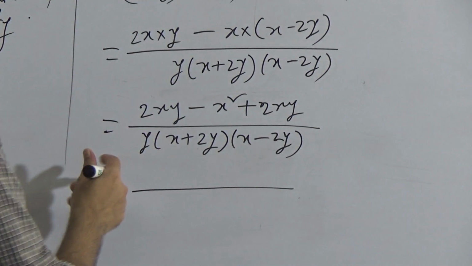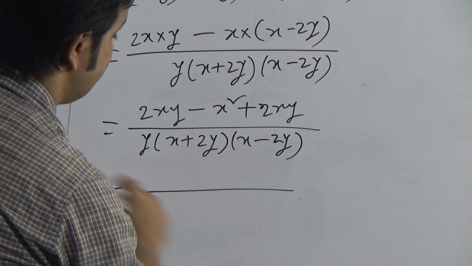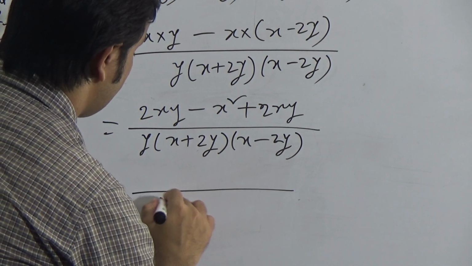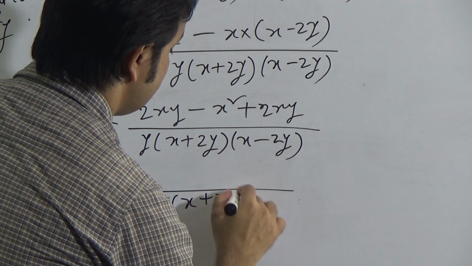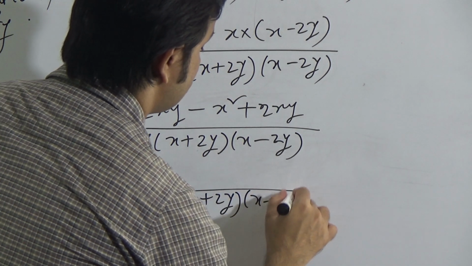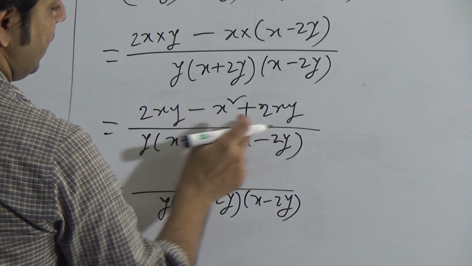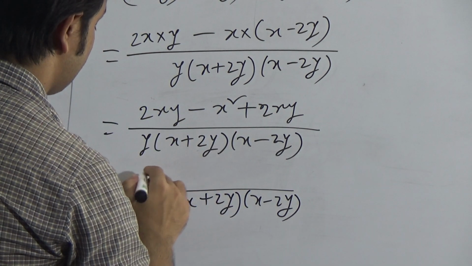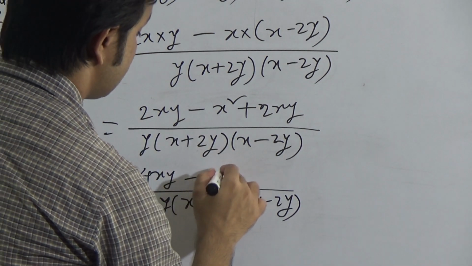Now the denominator remains the same, so we can write the denominator here: y into x plus 2y into x minus 2y. Okay, dear students, now see here 2xy is positive, 2xy is positive. So if we add, we will get 4xy minus x square.